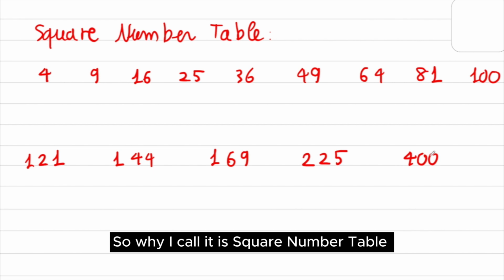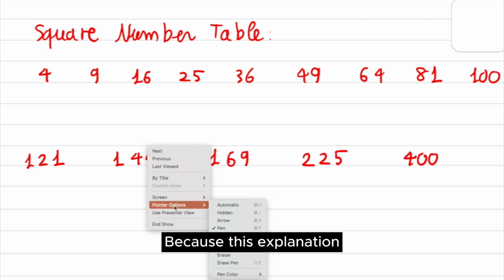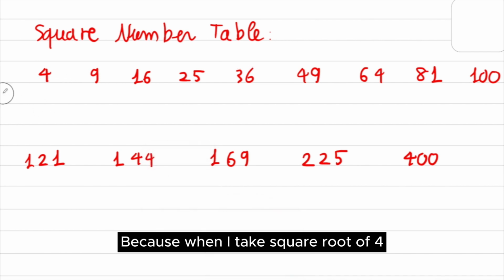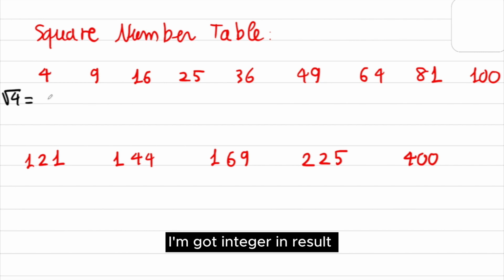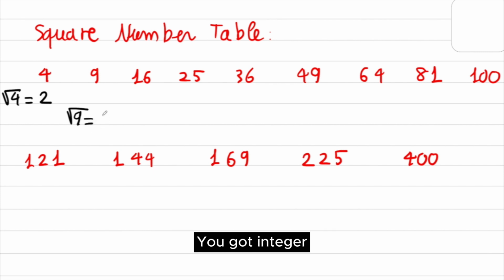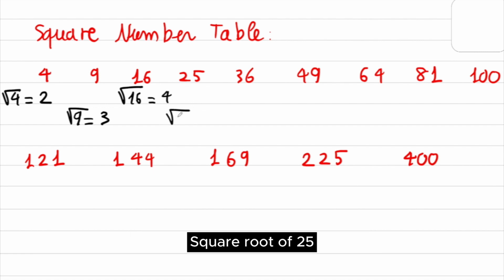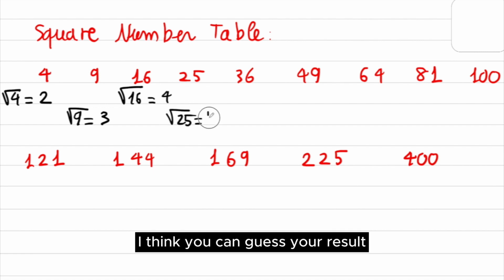Why do I call this the square number table? Because when I take the square root of 4, I get an integer result: 2. The square root of 9, you get an integer. The square root of 16, you get an integer. The square root of 25, I think you can guess the result.